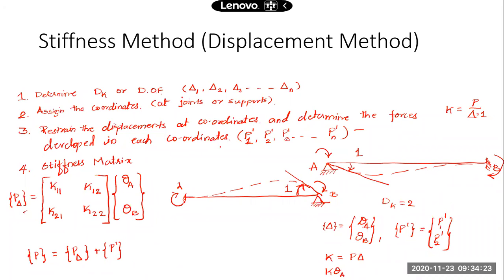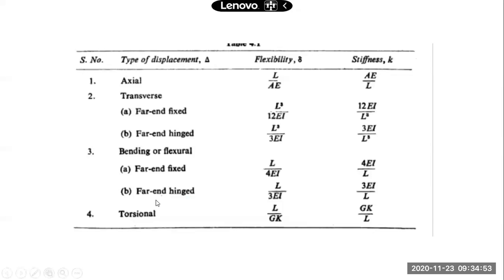The forces due to applied loads are determined by restraining the structure. So net force in any coordinate will be equal to forces due to the displacement at that coordinate plus the forces due to the applied loads on the member. This is our equilibrium equation. This is what the equilibrium equation says. Now further I can substitute for this. I'll come to this later.